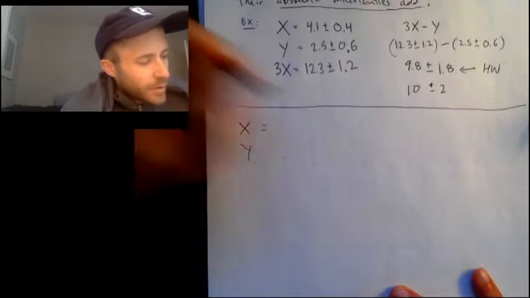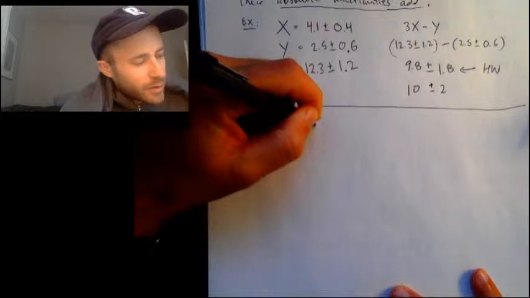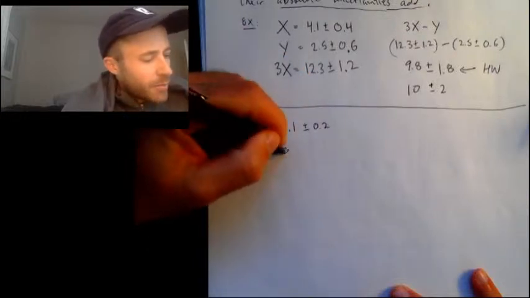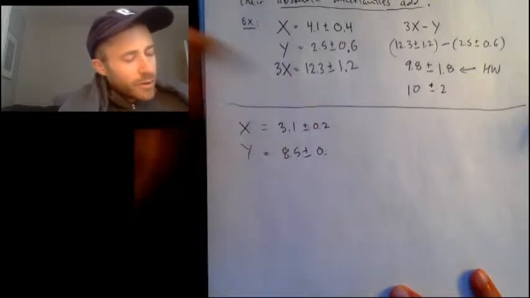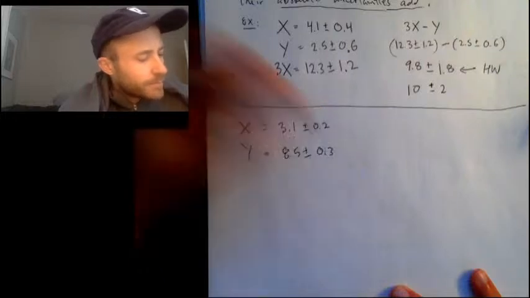So I'm going to make some new quantities. So maybe this is 3.1 plus or minus 0.2. And this is 8.5 plus or minus 0.3. Okay.